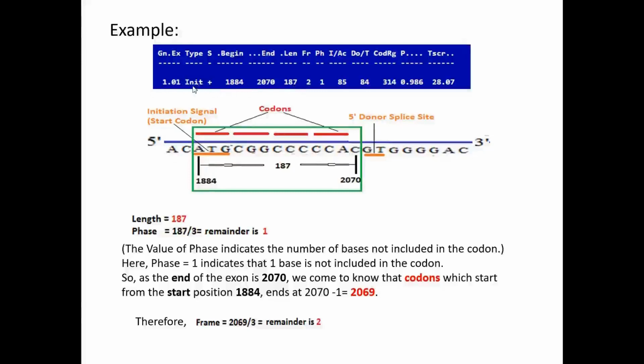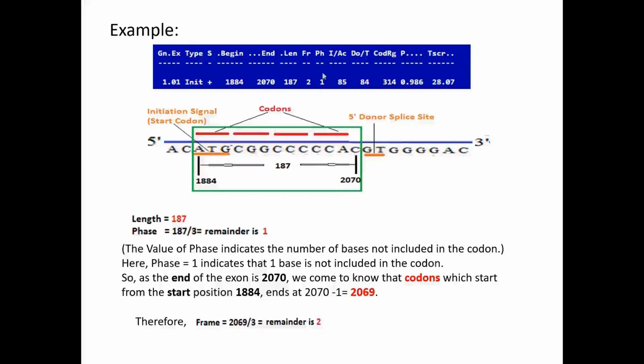Here, as it is an initial exon, we can understand that the ATG sequence, the initiation signal, was seen at this nucleotide position 1884, and downstream of it there is a donor splice site. So the donor splice site will occur in the intron region. So before this, it is marked as the exon region. So now the length of this is 187.